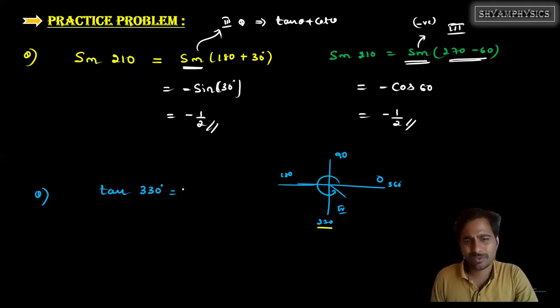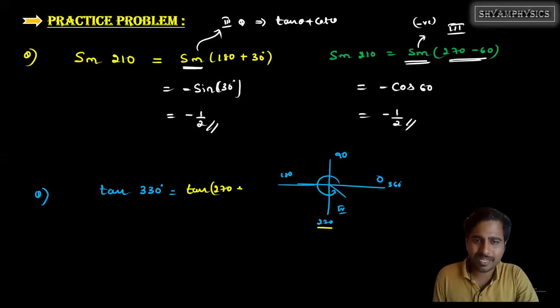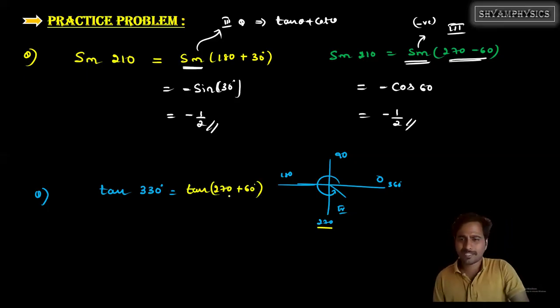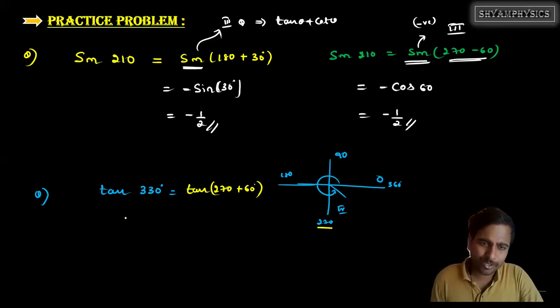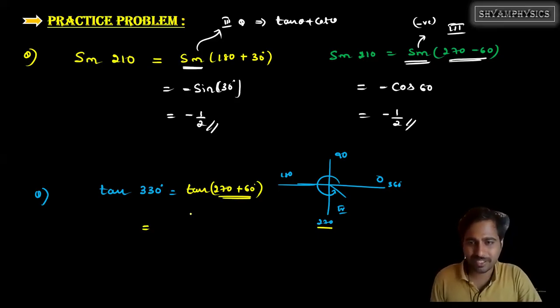We'll go with 270 plus theta only. We can write this one as tan of 270 plus 60 degree, which is 330 degree. 270 plus theta means first we need to change the trigonometric function. Now tell me one thing: changing the trigonometric function means tan should be written as cot. So cot 60 degree.